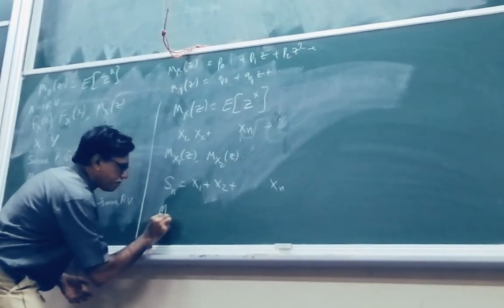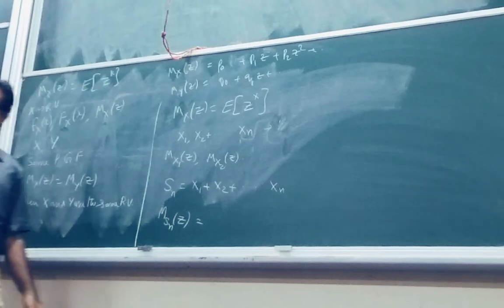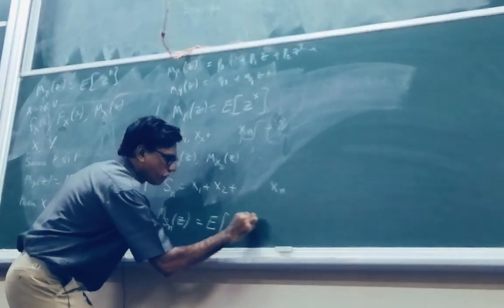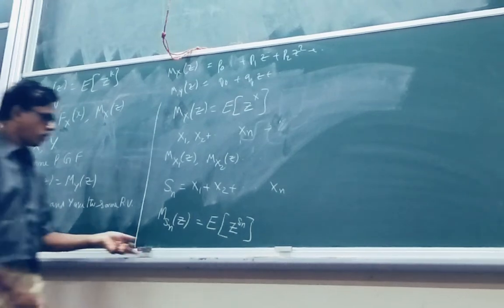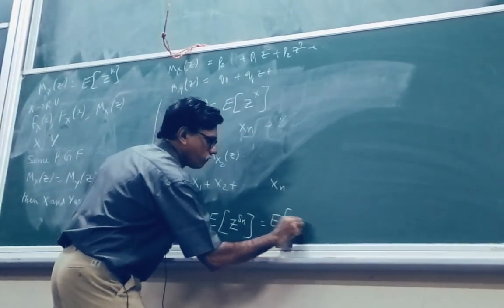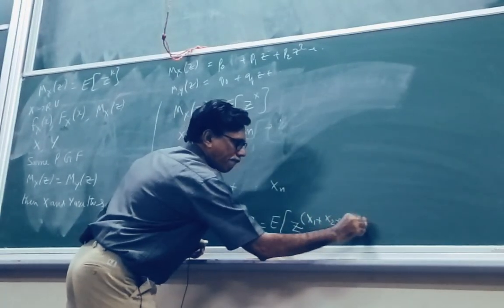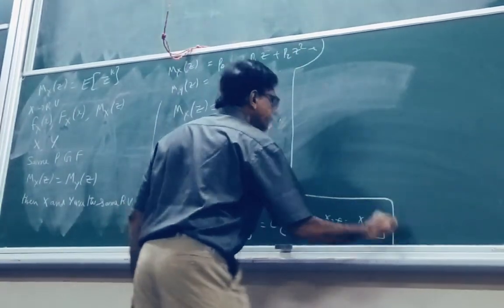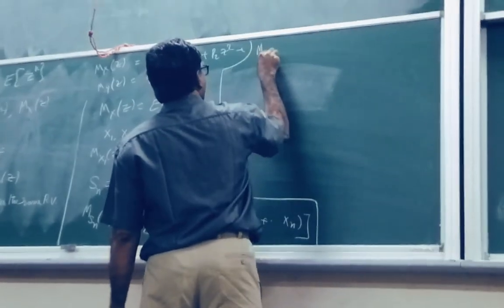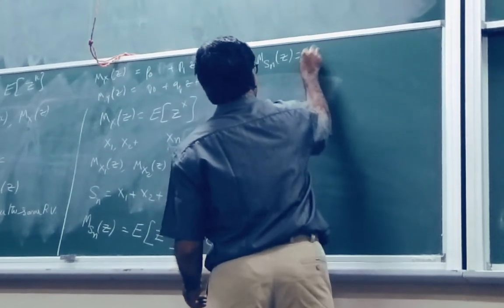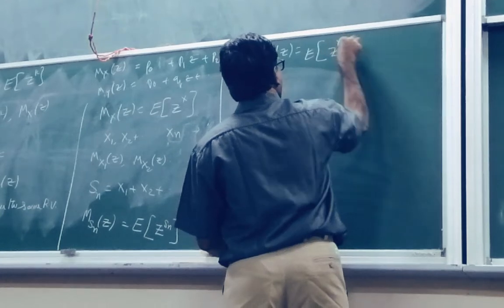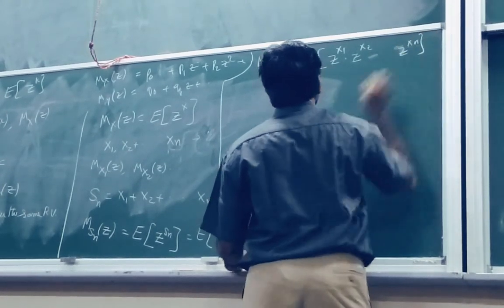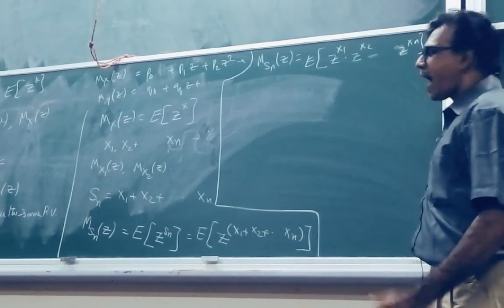Then the PGF of Sn of Z, by definition, is the expectation of Z power Sn. And they are all independent.